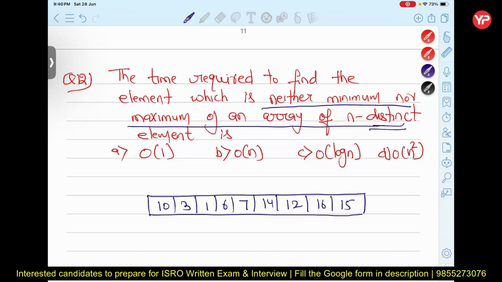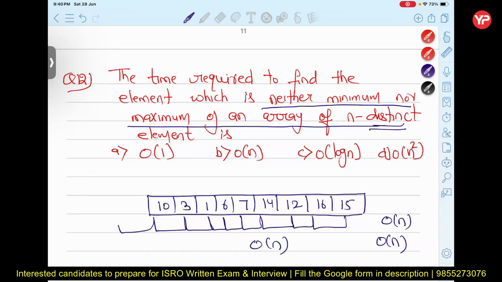If you want to find the maximum element, one possible way is to search for the maximum element by performing a linear search, which will take order of n time. In a similar fashion, you need to find the minimum of this array, that is order of n time again. And then you have to take one more element other than those, which will take constant time. So in this approach, it will take order of n time.